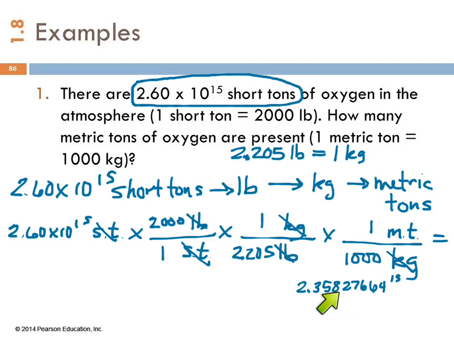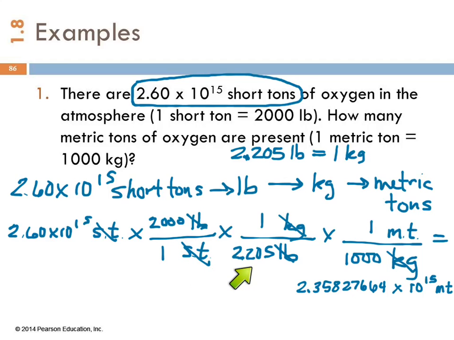This is calculator language. We don't write calculator language on paper. You need to convert it to human math language, and that little exponent means times 10 to the 15. And then I want to write the unit. I abbreviated it metric ton. Is this an exact conversion? Yes.